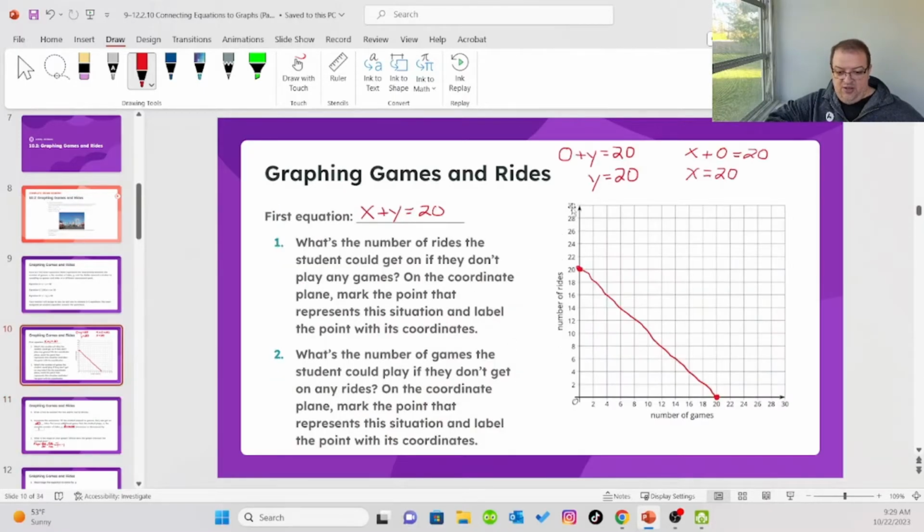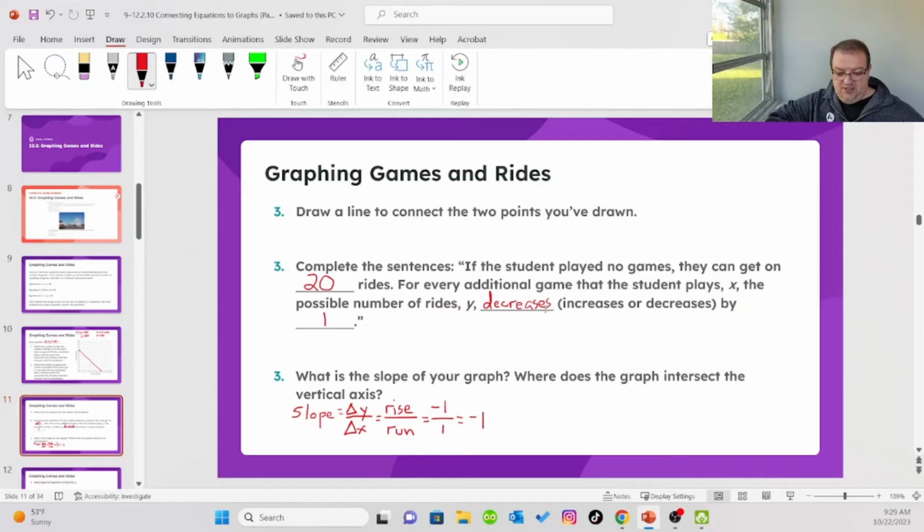So if we look, this is our vertical axis, and we had our point on 20. So vertical intercept equals 20.